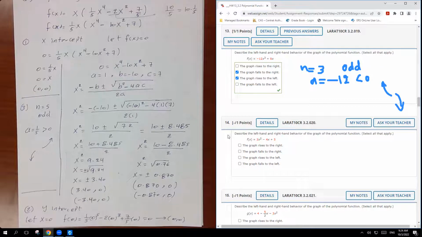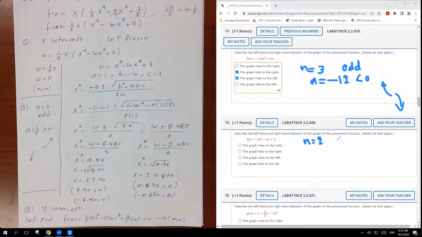Example 14 is going to be the same thing. Describe the left and right hand behavior. You see, it's behavior, or they call it end behavior of the graph. So we're going to do the same thing. n is equal to, be careful, it's written in descending order. That means from the highest exponent to the lowest one. This is the first step.